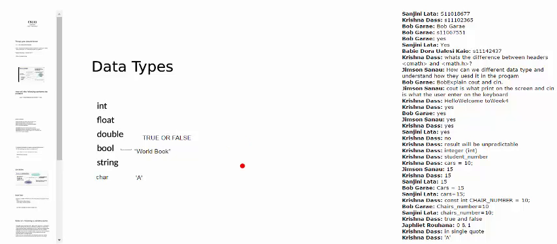And we can only store a single character. In a string, you can store sentences, words, but in a character, you can store only a single character and in single quotes, right? So, Krishna, I hope you understand now the difference between a string and character, right? All right.